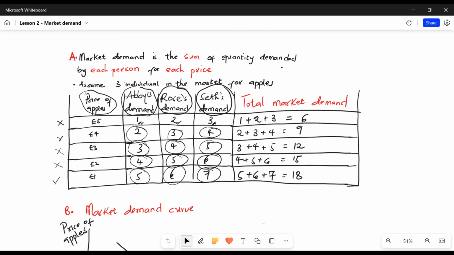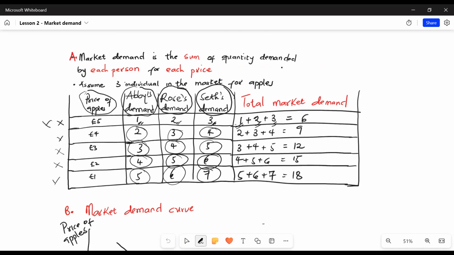So to get a total demand curve for each price, you have to sum the individual demand at each price. So let's go through this again. When price of apple was £5, Abby's demand was 1, Rose's demand was 2, and Seth's demand is 3.